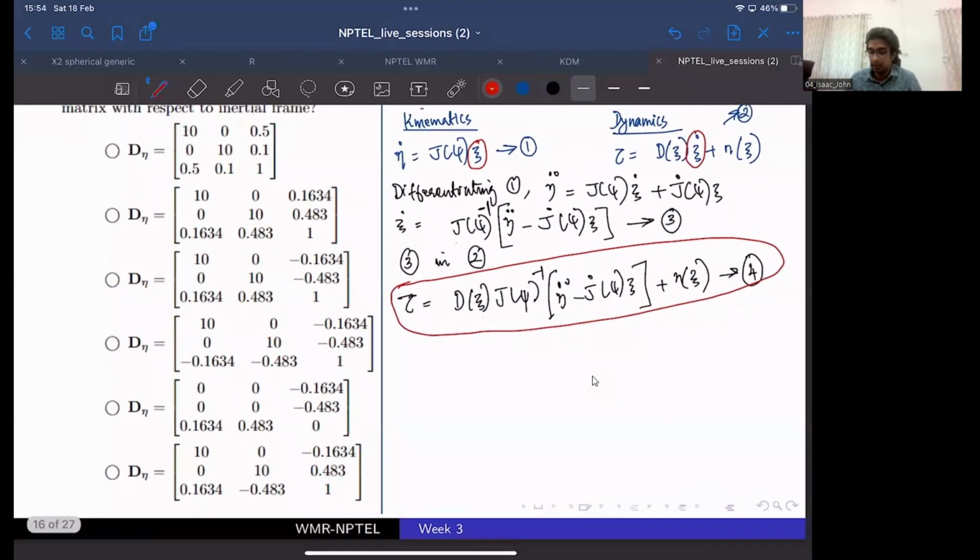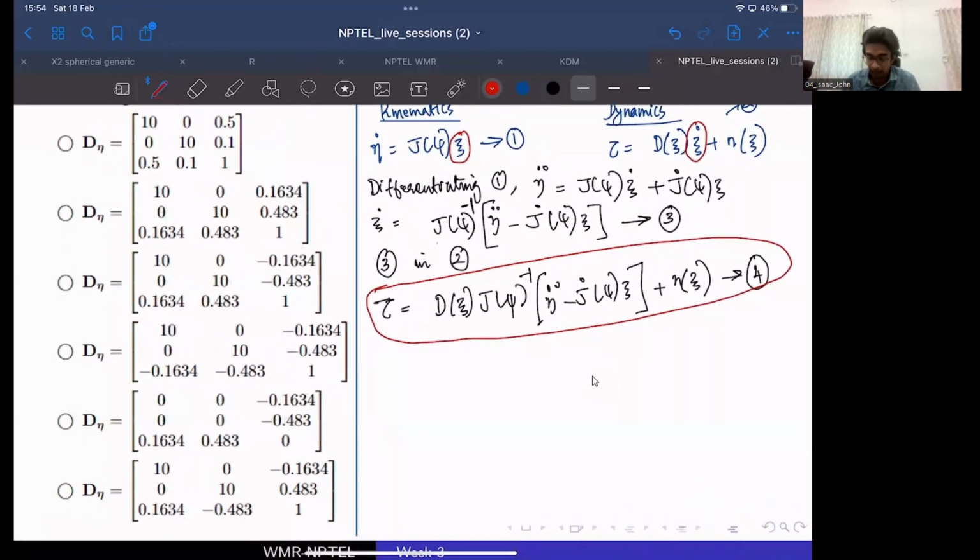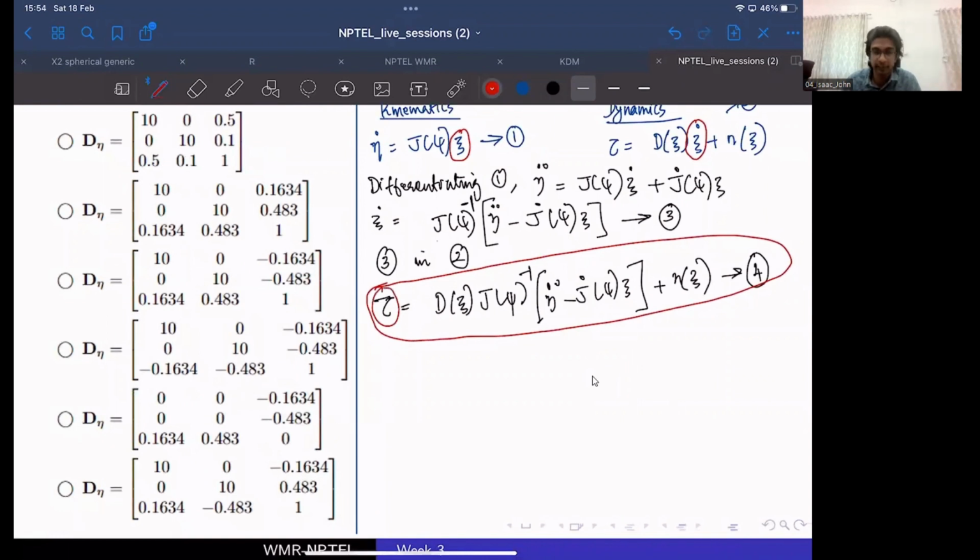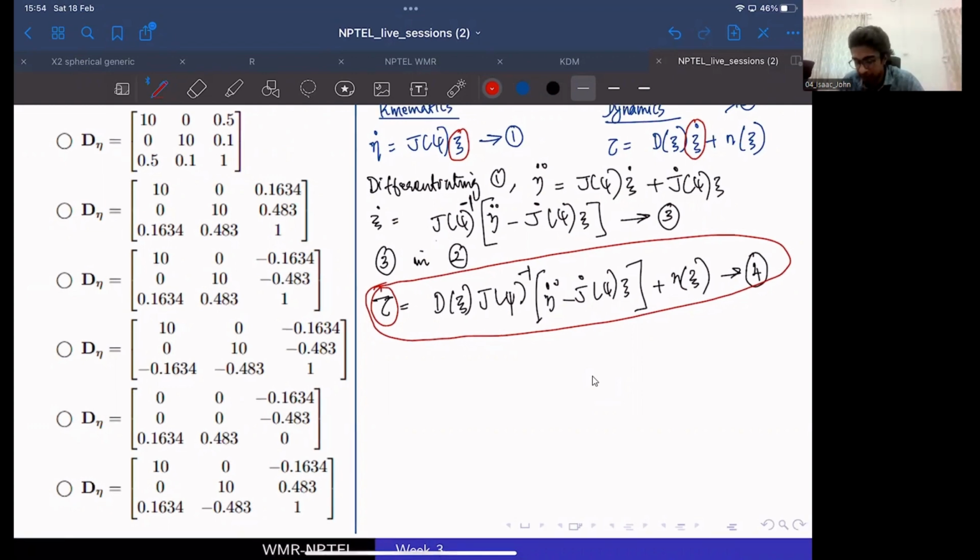Again, we have one more variable here, tau, that is to be refined. We need to transform tau in terms of F, the components of forces in the inertial frame of reference. Here tau means the force vector with respect to the body fixed frame.